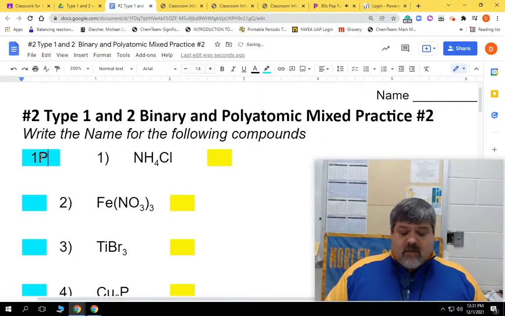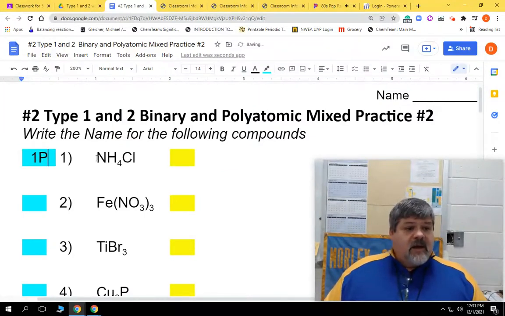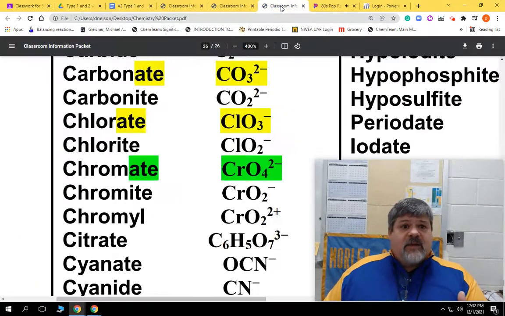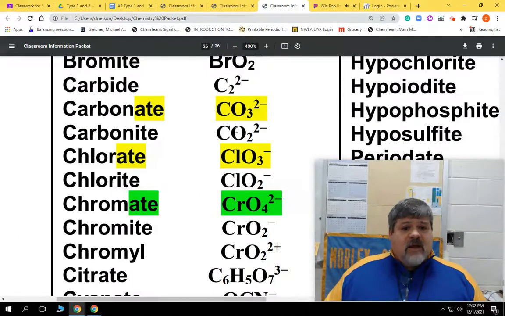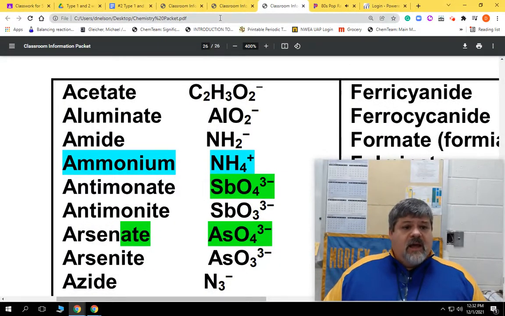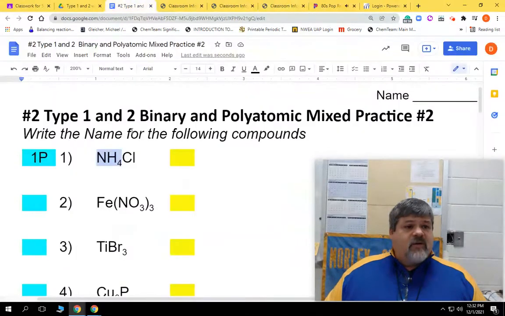So let's bring that back. Since we know the first one's polyatomic, we're going to look at NH4. Let's go to our packet, our very last page, our polyatomic ion page, and find it. NH4, I know where it's at in here. It's right there. It is ammonium, and it's a +1. So let's go back to it.